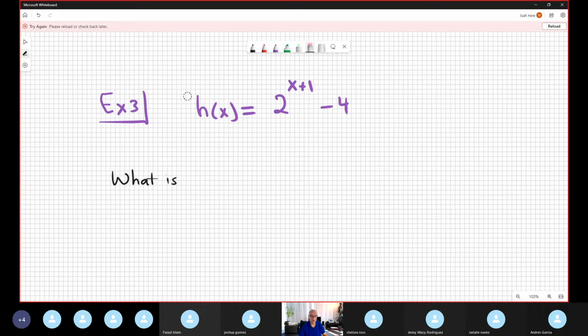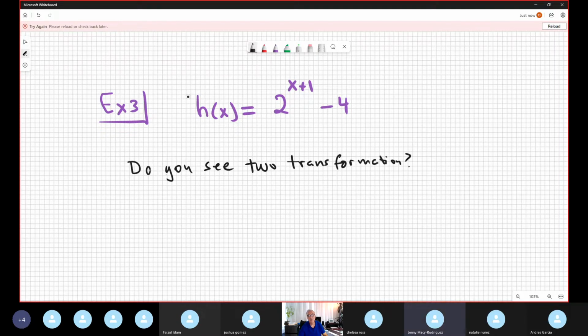Now you see two transformations, yes or no? Which one? The -4, and then on the exponent, the +1. What kind of transformation is -4?